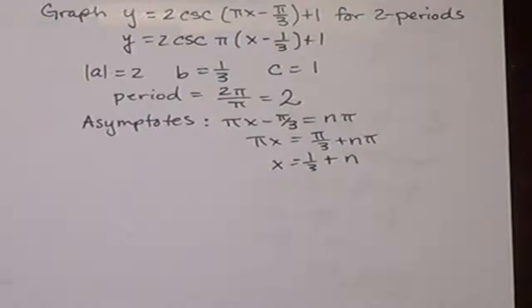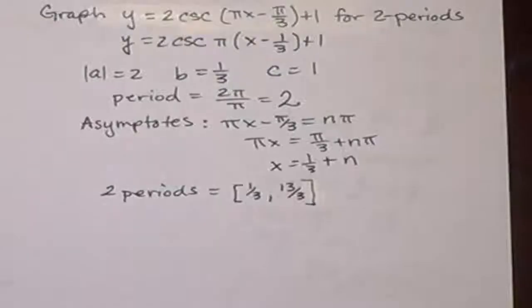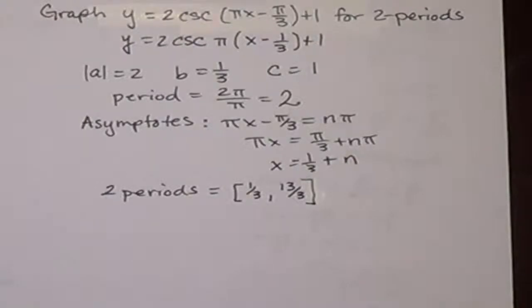So again, we'll use our b, meaning a third, and two periods, which in this case would be a total of 4 units, to get our 2-period interval. So our 2 periods for this graph is going to be the interval from 1/3 to 13/3. So now that we have the 2-period interval from 1/3 to 13/3, we can graph this function.